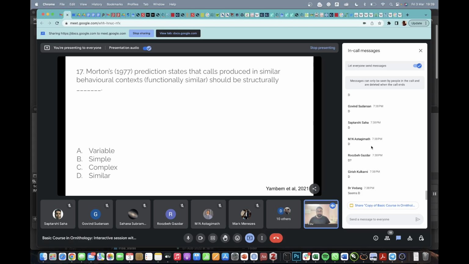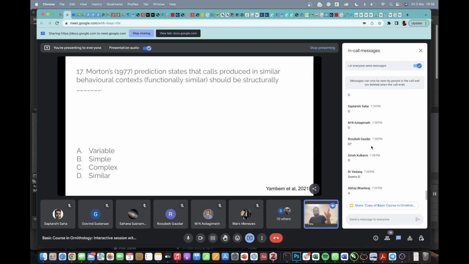So this statement also comes from the same paper, Sonia Yambem's paper, and they set out to look at the number of vocalizations that the bird has, and also what the different functions of these vocalizations are. Does that also determine the structure of the vocalization?